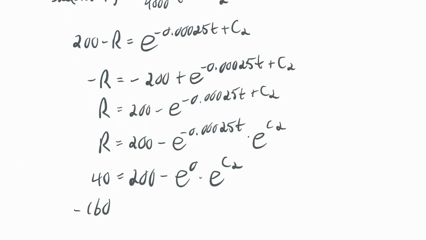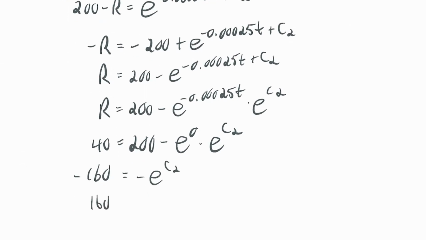So e to the 0 is 1, and I can subtract 200 on both sides. I'm doing this a little out of order, maybe I should have done it up here, but the order in which you do these things doesn't matter too much. So 40 minus 200 is negative 160, which equals negative e to the c2 power. That means 160 is e to the c2 power, so this factor here is 160.